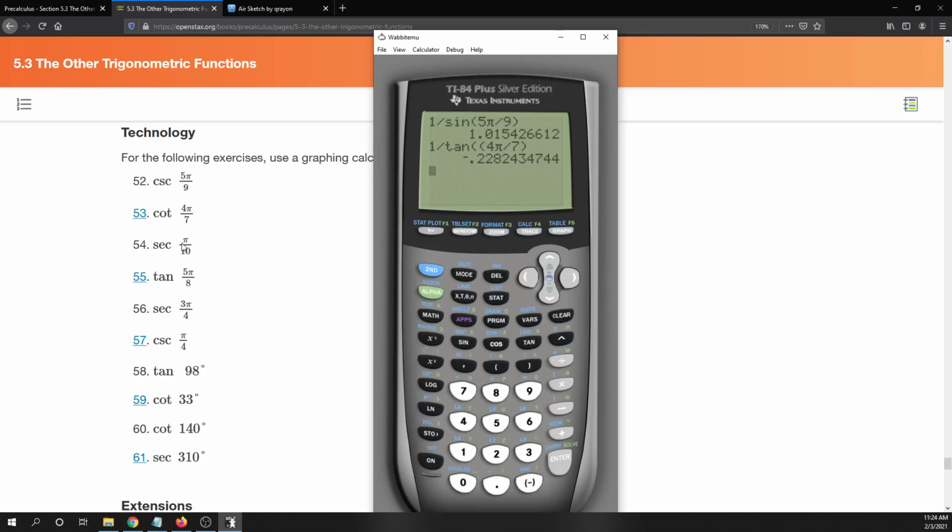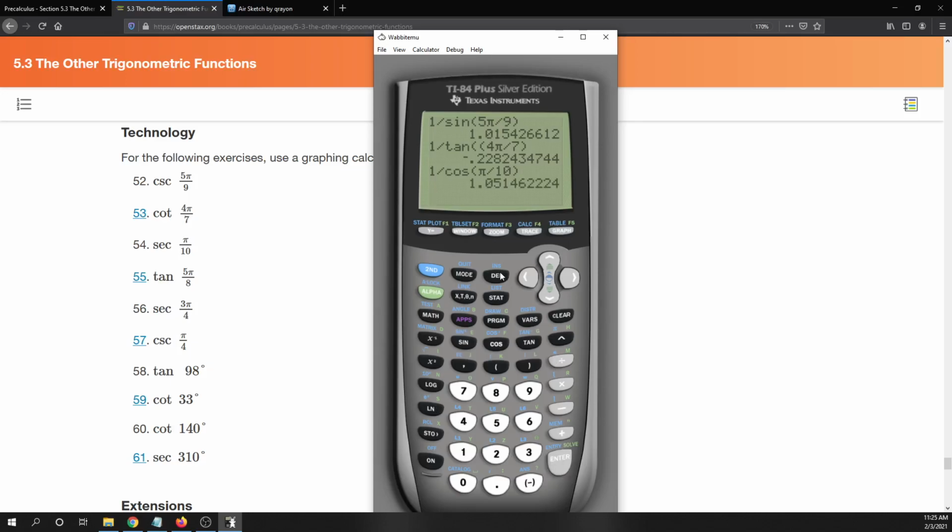And then secant would be 1 divided by cosine, because secant is 1 over cosine. So that would be 1 divided by cosine of pi over 10.